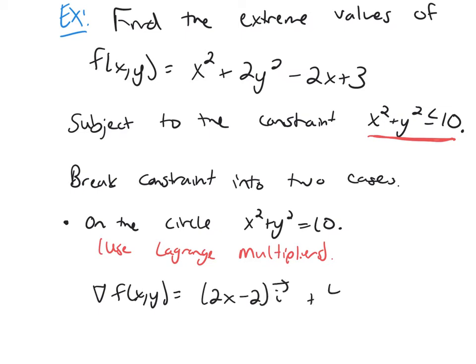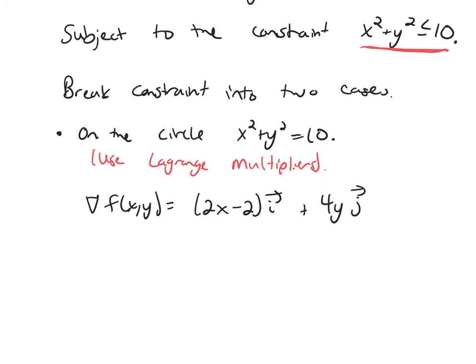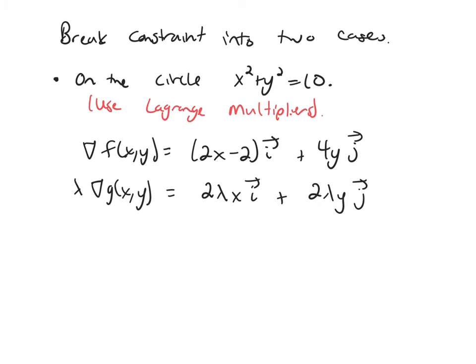The partial derivative with respect to y would be 4y. And then take lambda times the gradient of g. So you get 2 lambda x i and 2 lambda y j.